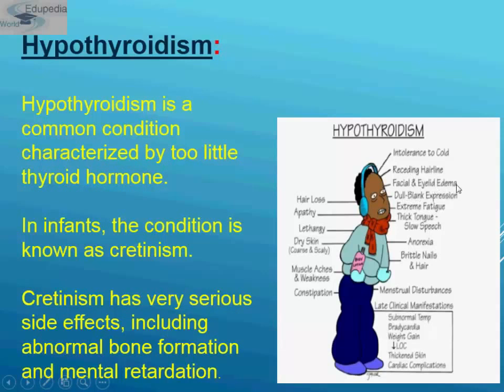Edema means swelling, okay? Slow speech, thick tongue. Because of the thick tongue, the child is unable to speak in a proper way. Other symptoms are hair loss, apathy, lethargy. That means the human starts to feel very lethargic, and also dry skin, muscle ache and weakness, and constipation.